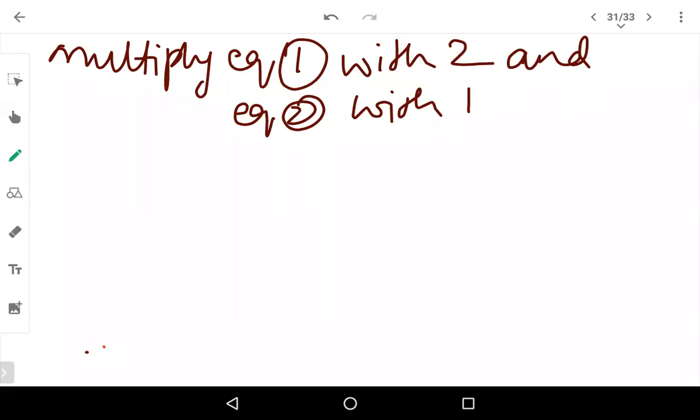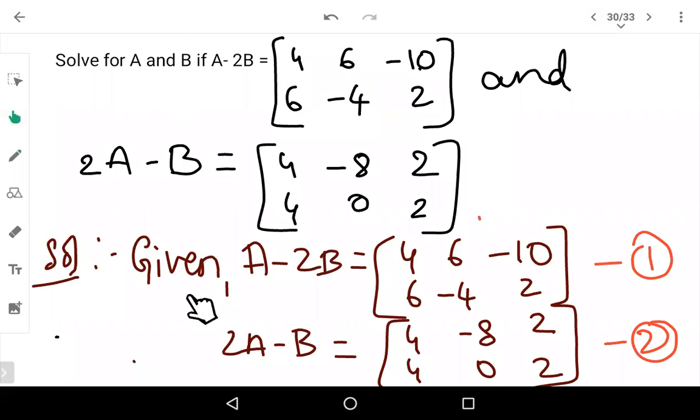So what is equation 1? A minus 2B is equal to the matrix [4, 6; -10, 6; -4, 2]. The whole of this should be multiplied with 2.